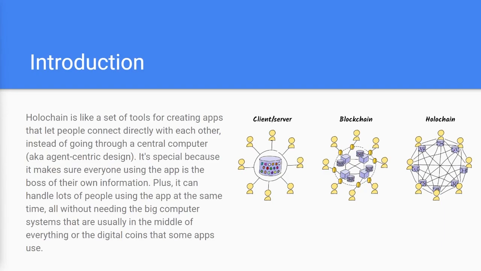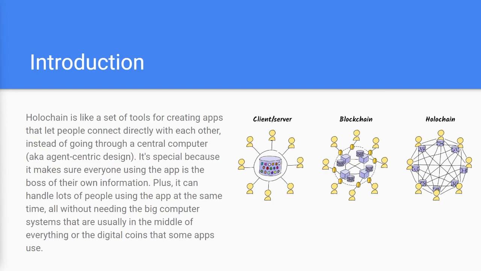So again, this is kind of an agent centric design, meaning people have agency over their own data. Each cell or node, or I shouldn't interchange those, but each person has their own source chain, which can include private and public data, and the public data is sent to the other nodes, where it's organized in a distributed hash table, and everyone kind of knows the important data that they need to have to make it work.